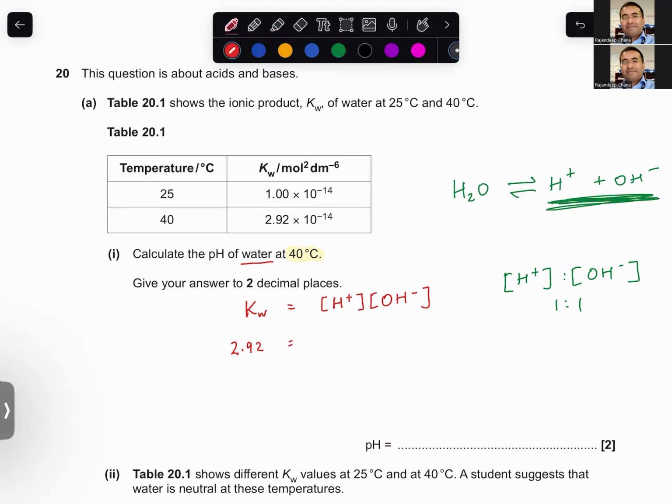So what that leaves us with, we can substitute OH with H plus, so this gives us H plus squared.